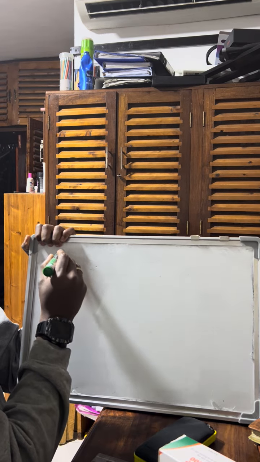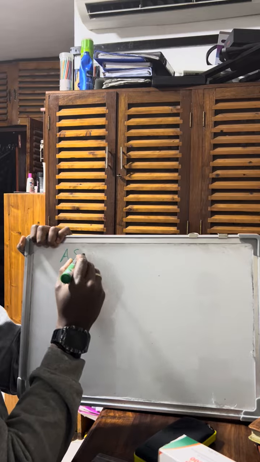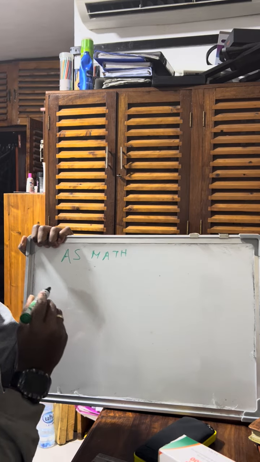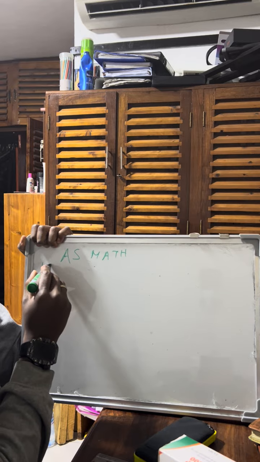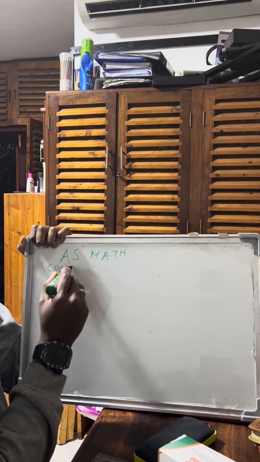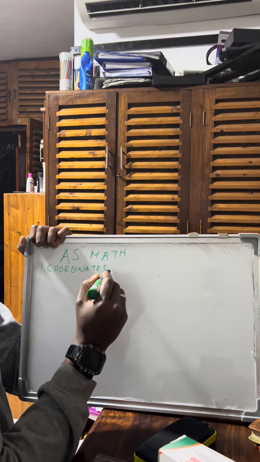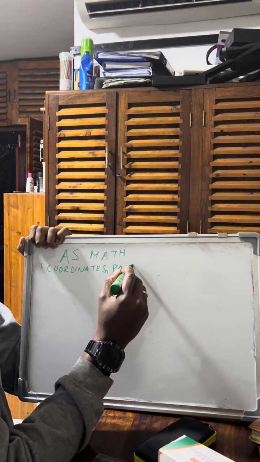So this is advanced secondary 5 math. So the topic is coordinates, points, and lines.